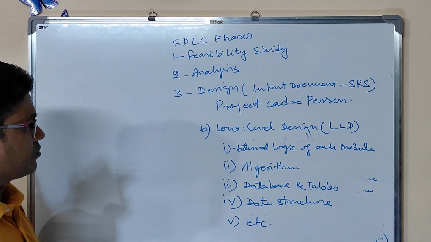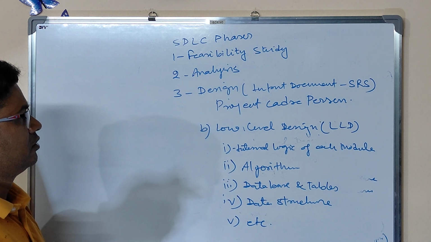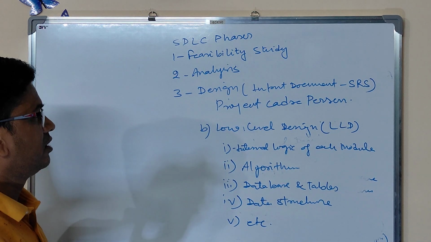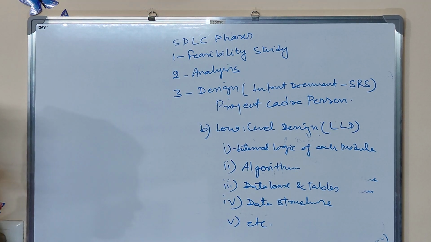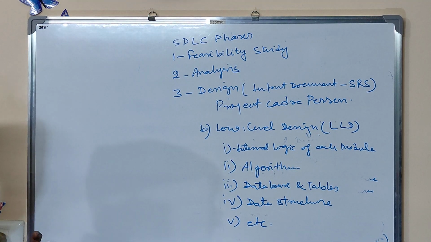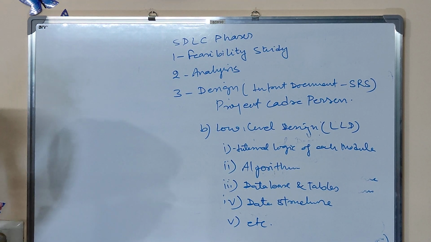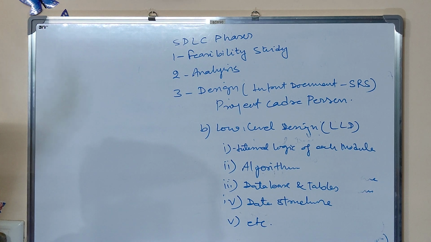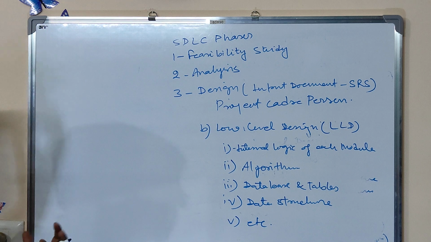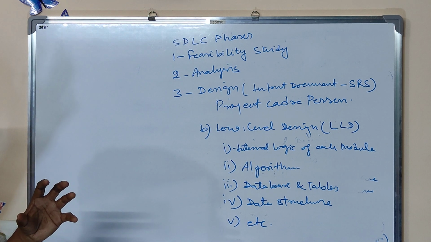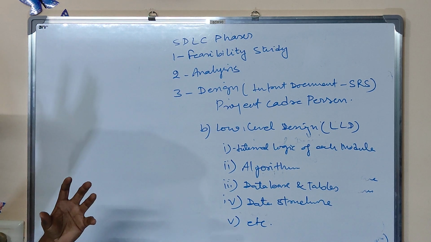Let's take an example to understand the design activity in SDLC. Suppose you have purchased a land somewhere and you are planning to make a building there. You generally assign this work to a contractor or builder. So what will the builder do? First of all, he will do the external architecture.